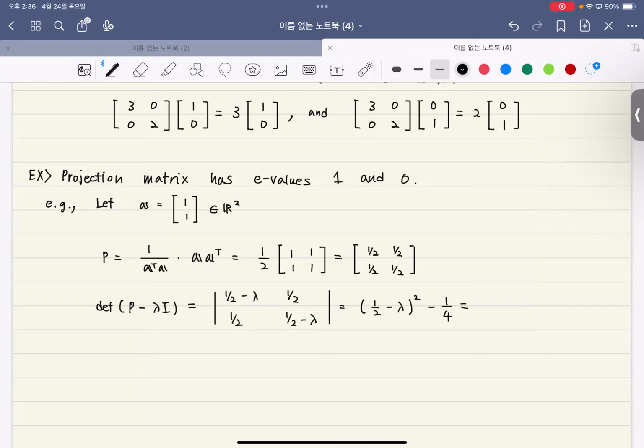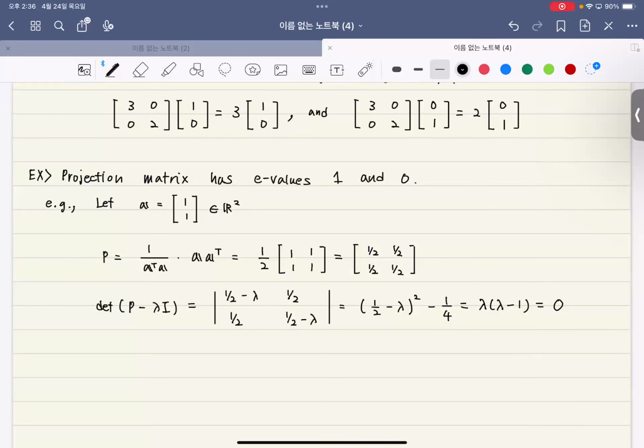What is this? Lambda times lambda minus 1. Am I right? And we want this to be 0. Great. So this computation says that the eigenvalues are 0 and 1.